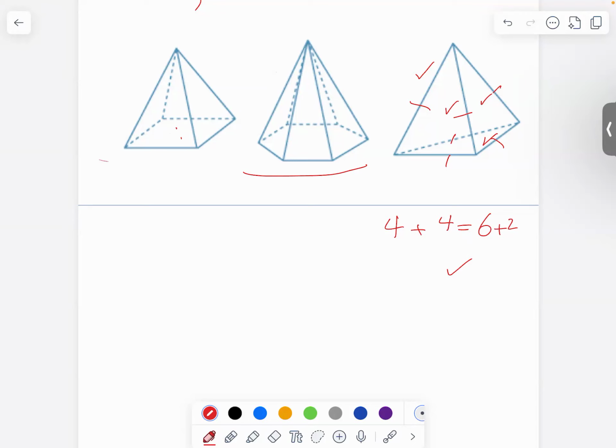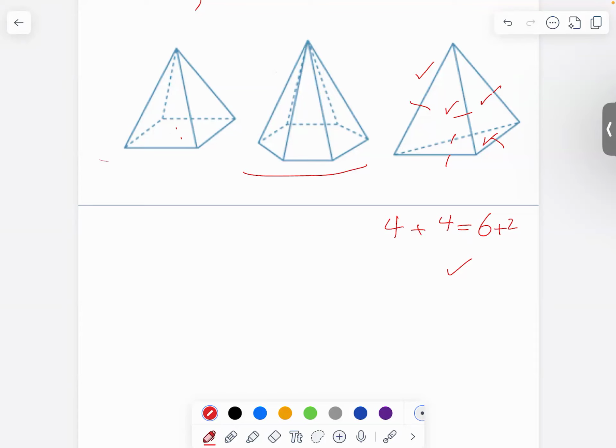Oh, no, no, the base part with 6 sides. Hexagon. Yeah. So there is a hexagon here as well. So this is called a hexagonal pyramid.